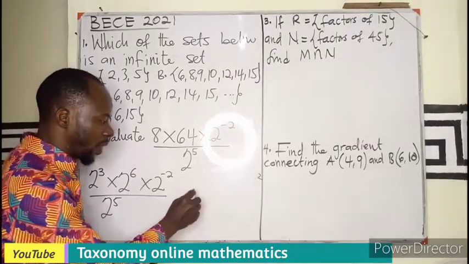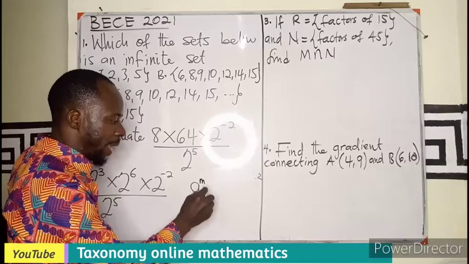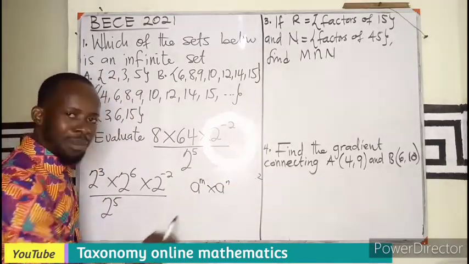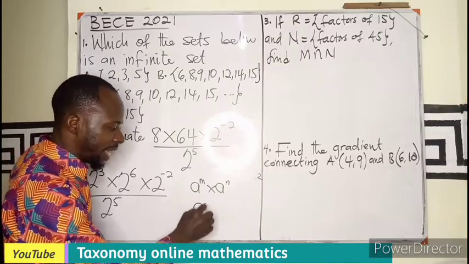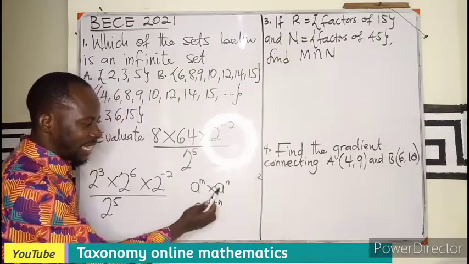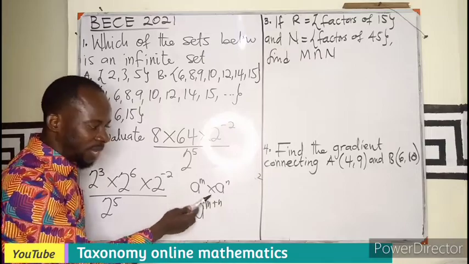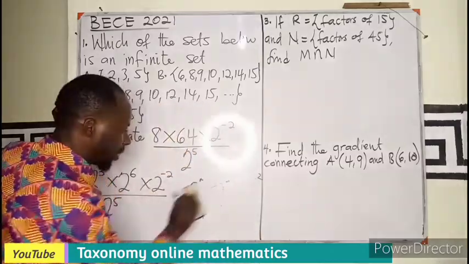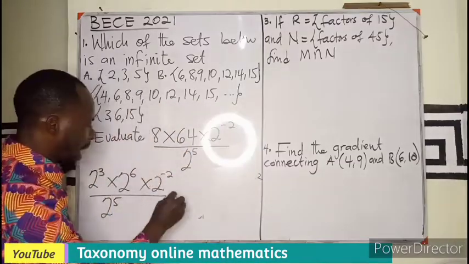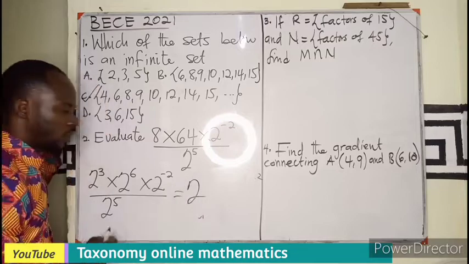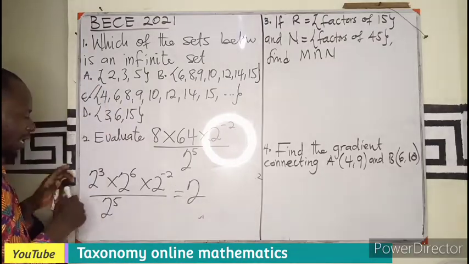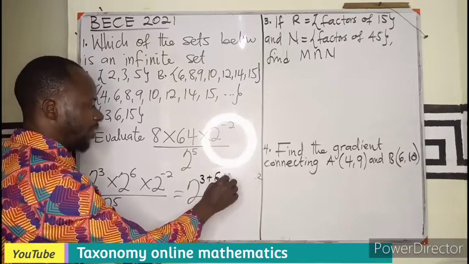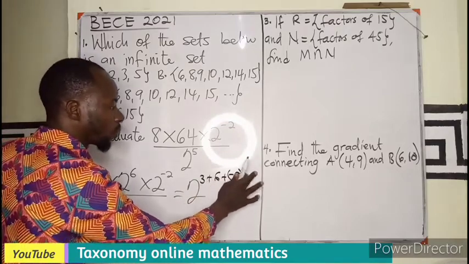In indices, if I have a exponent m times a exponent n, they have the same base, so this is going to be a exponent m plus n. If the bases are the same in multiplication, we only add the exponents. So right away, I am going to have 2 as the base. Then I'll be adding 3 plus 6 plus minus 2.